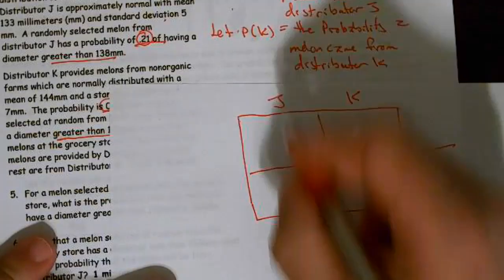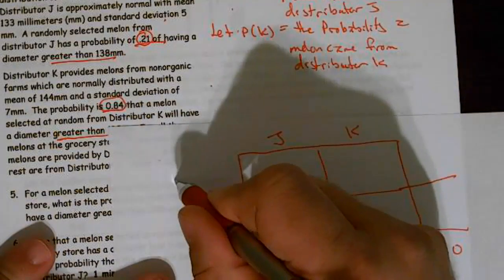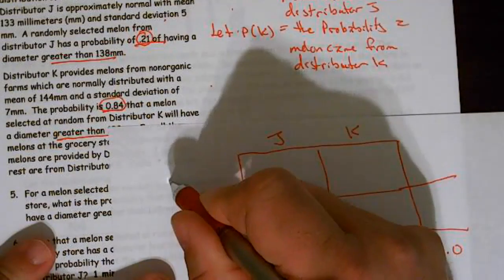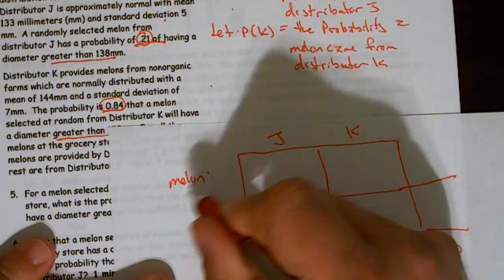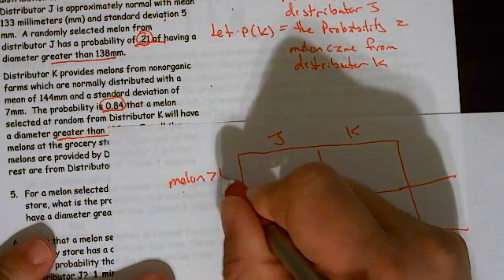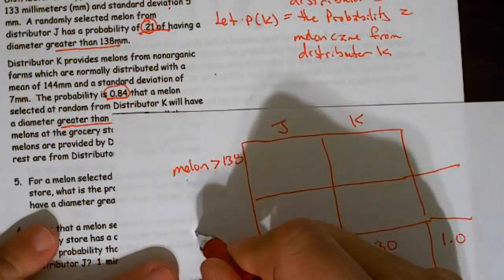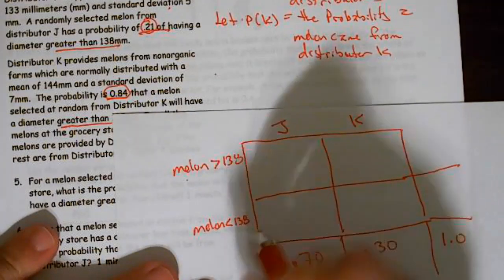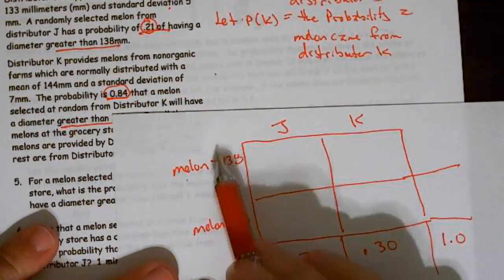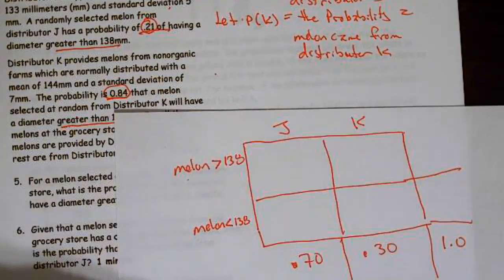And this is going to be probability, melon greater than 138. I can either use a variable or write it out. And then melon less than 138. If I use a variable, I have to define it, so I just chose to write it out because I thought it'd be shorter.